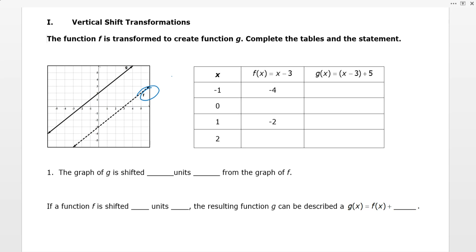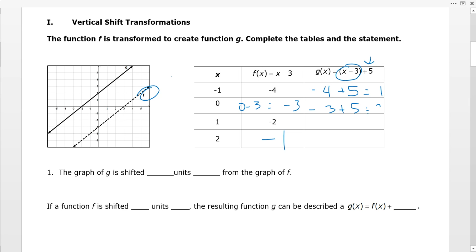So when f of x is x minus 3, then every x value, we're going to subtract 3. If g of x is the same thing, but plus 5 more, then I'm going to take my negative 4, and I'm going to add 5 to it. So it's going to be 1, 2, 3, and 4.